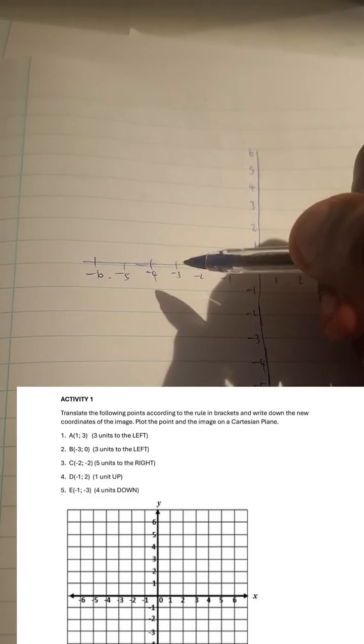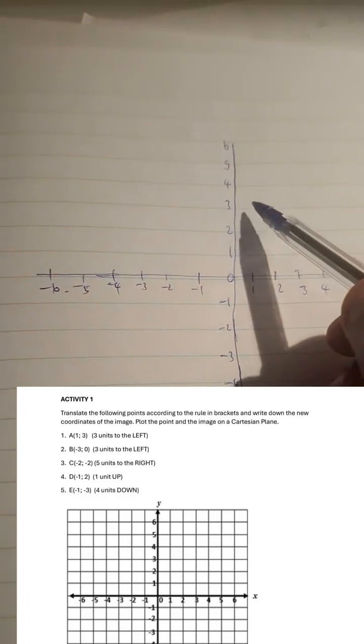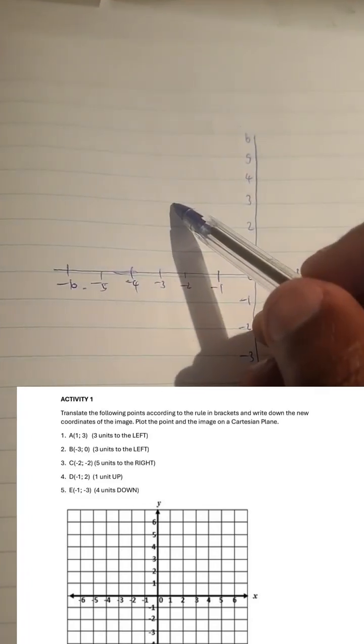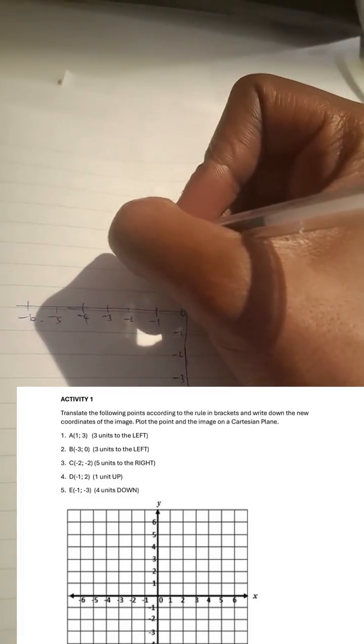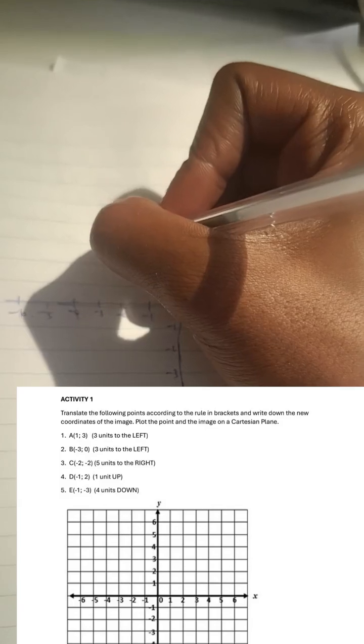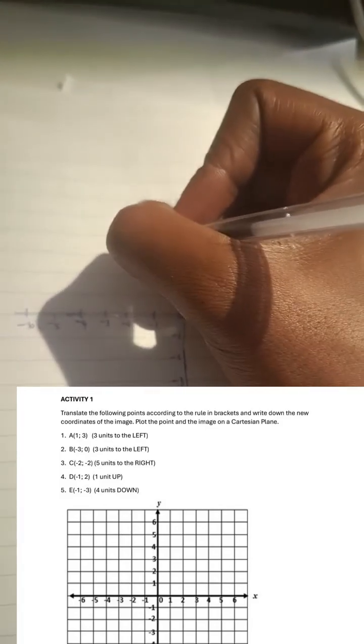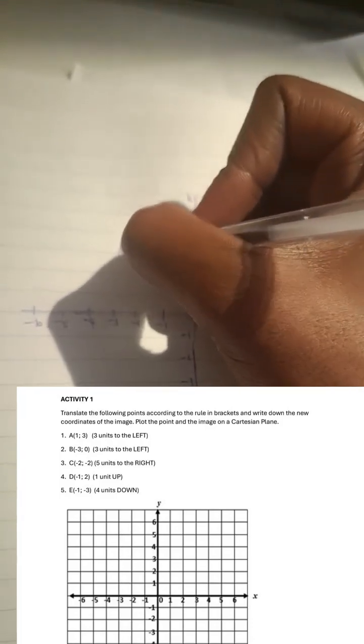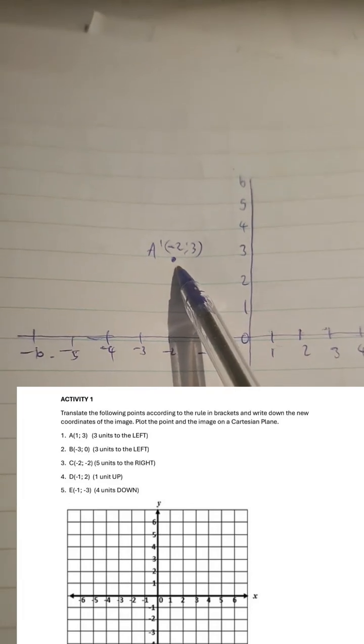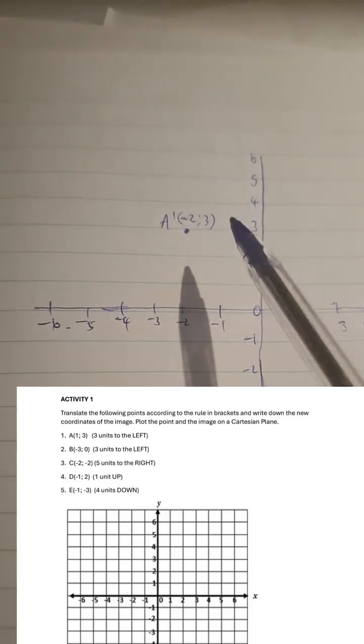And then y that is +3 is everywhere on this horizontal line. So where do the two meet? They meet exactly there. So this would be A', the image, which is (-2, 3). So this would be the image of A.